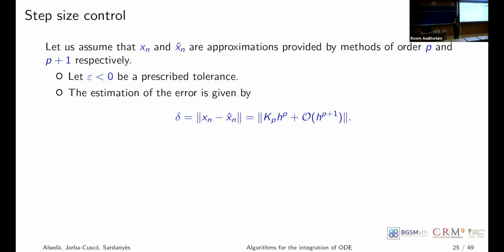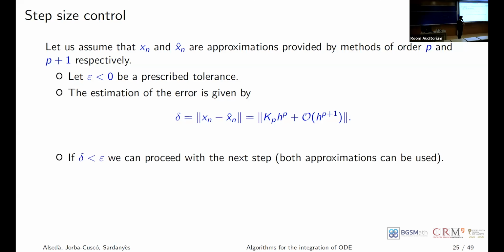And let me say that to do this, the only price you have to pay is to use more stages, probably in the lower order method, because the matrix has to be the same. So the number of stages is the minimal requirement for the highest order. So if the order is p plus 1 and it is 8, you need the number of stages for order 8, also for the first scheme, let's say.